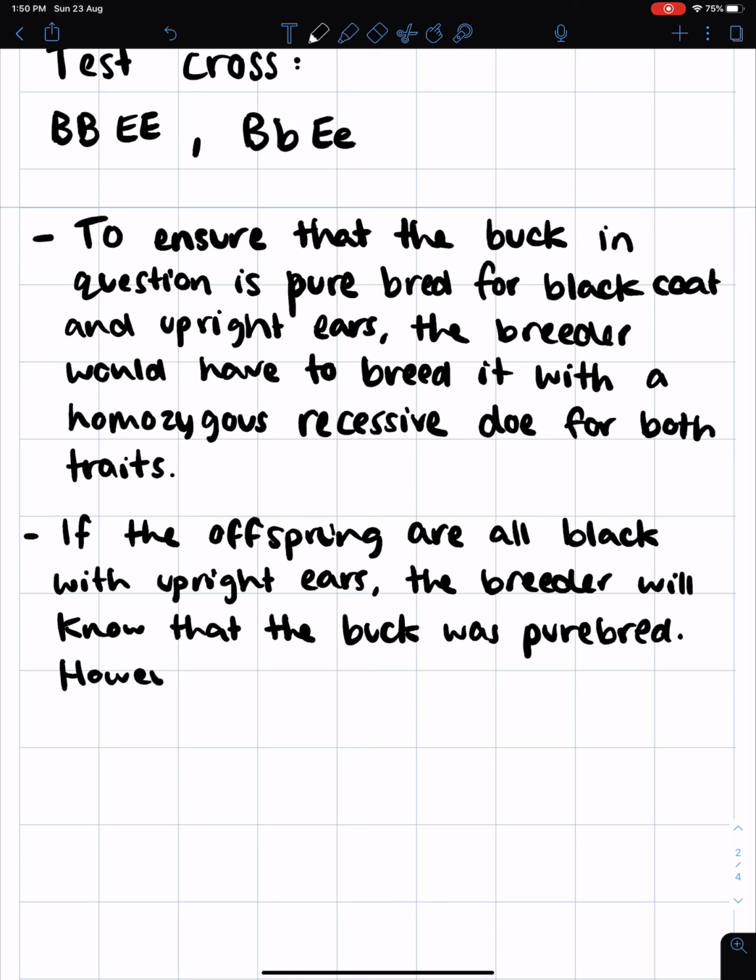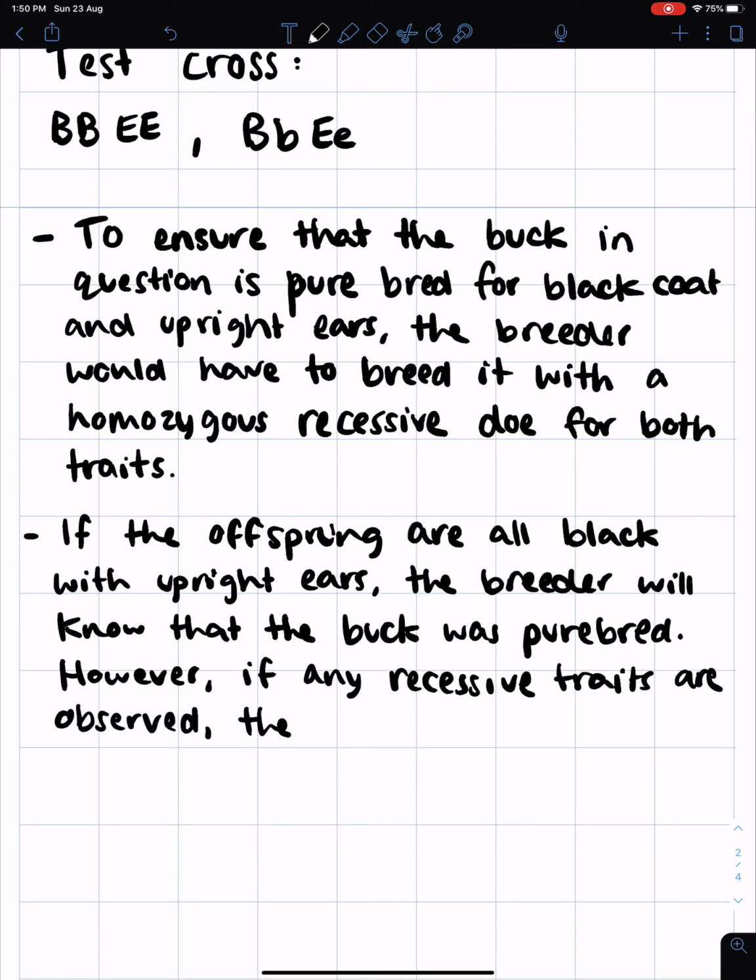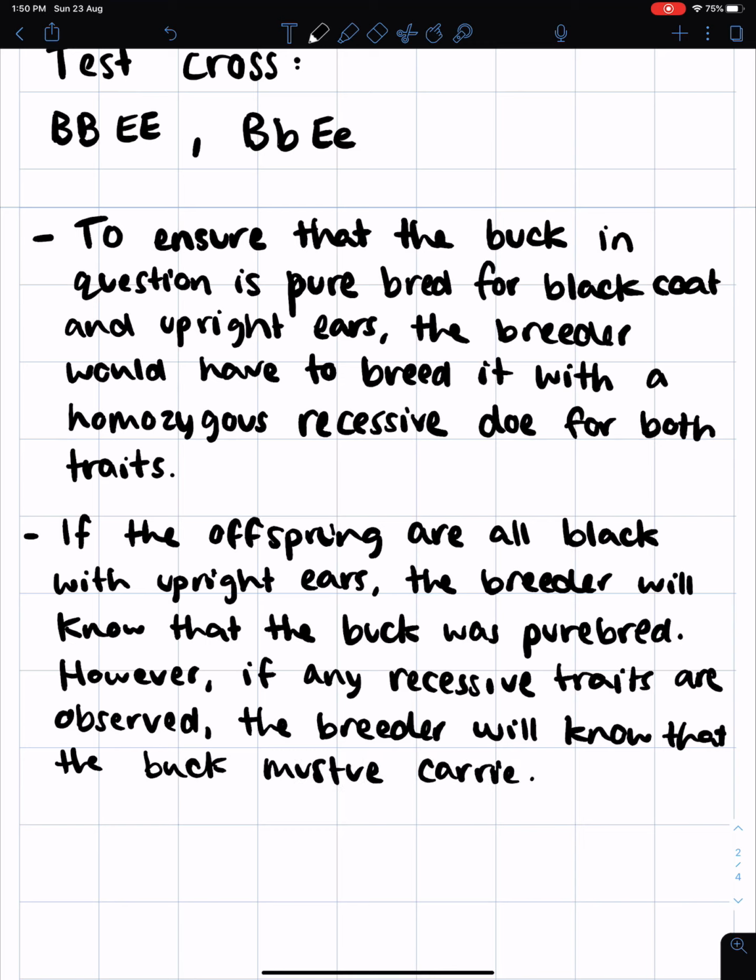However, if any recessive traits are observed, the breeder will know that the buck must have carried recessive alleles. You guys know all this anyway.